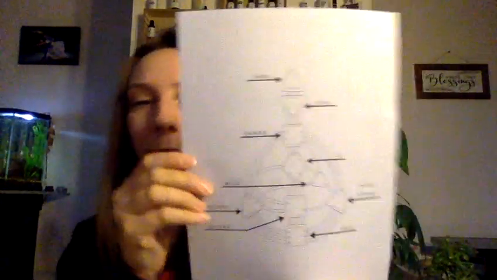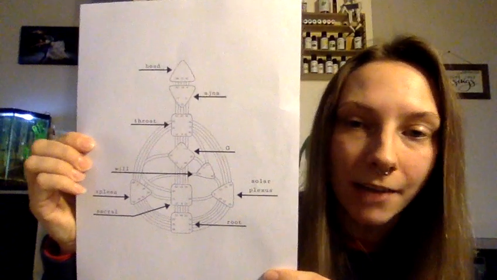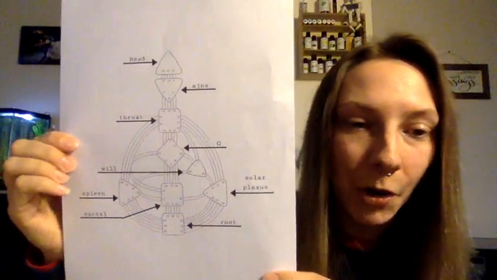Reflectors have 0 defined centers. All of their energy centers are open. This is just an example of what the energy centers look like, but your chart would look like this. Everything would be white and open.